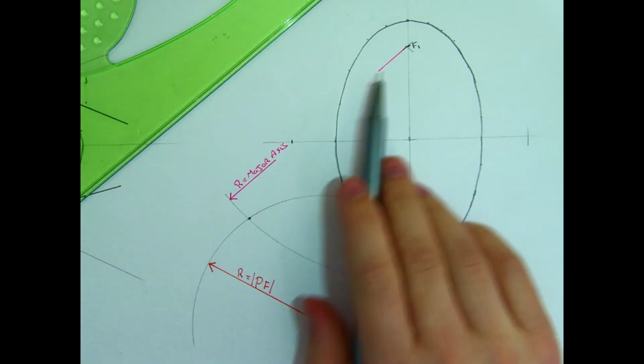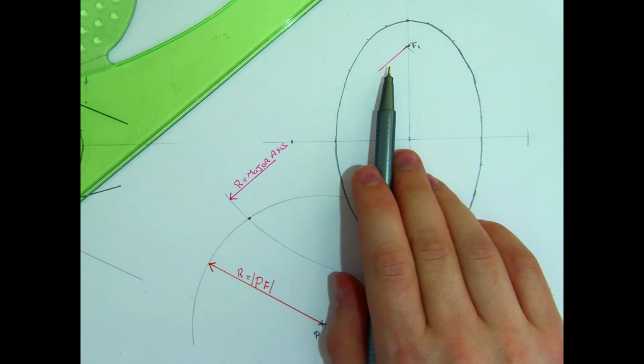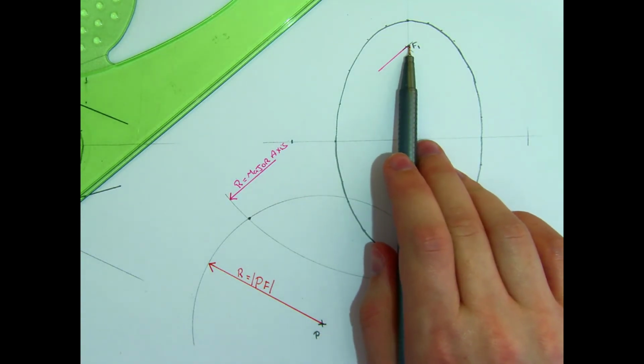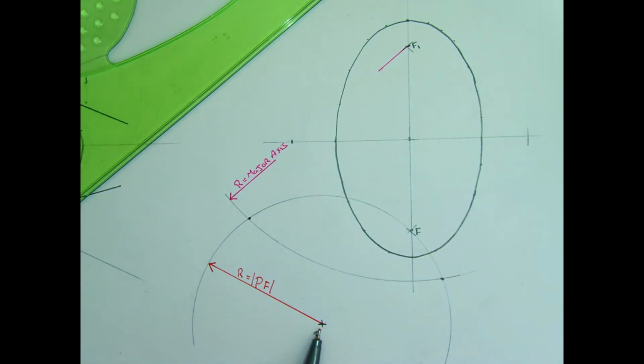So the distance from here back is equal to the major axis, but it starts on that focal point. Where this one starts on point P and is equal to the distance from P to F. So we've swung our two arcs. They intersect each other at this point and this point.